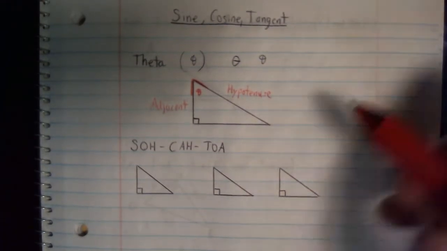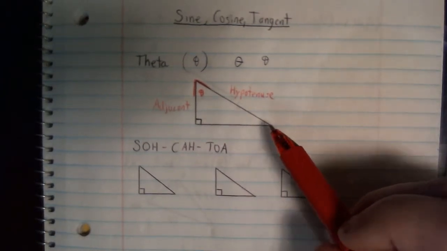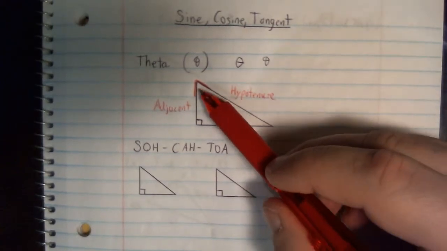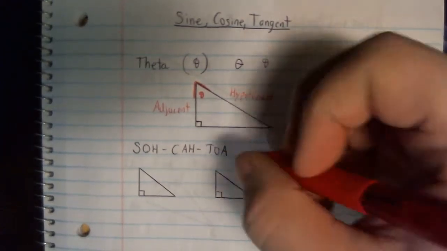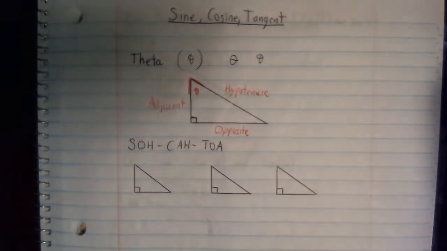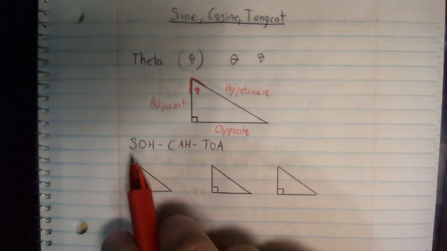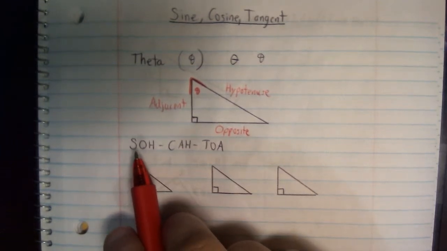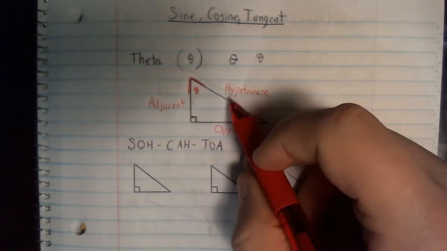The final side is the opposite side. It's called the opposite side because it's opposite the angle, right? The angle is opening up towards this opposite side. And here's where we're going to start to see what this Sohcahtoa thing means. From theta, sine is going to be equal to the opposite over the hypotenuse.